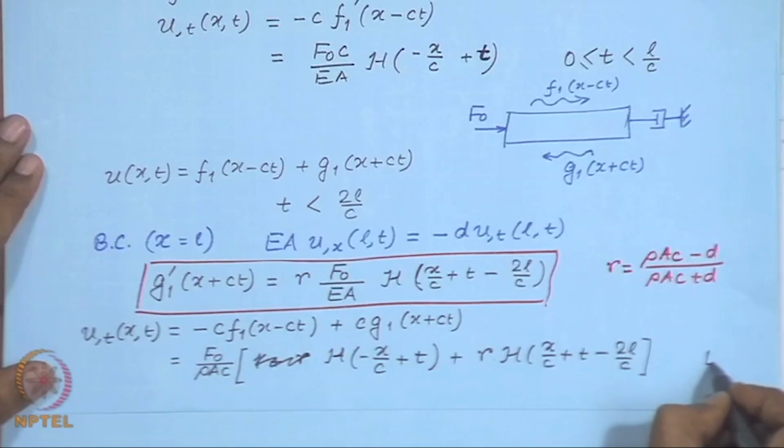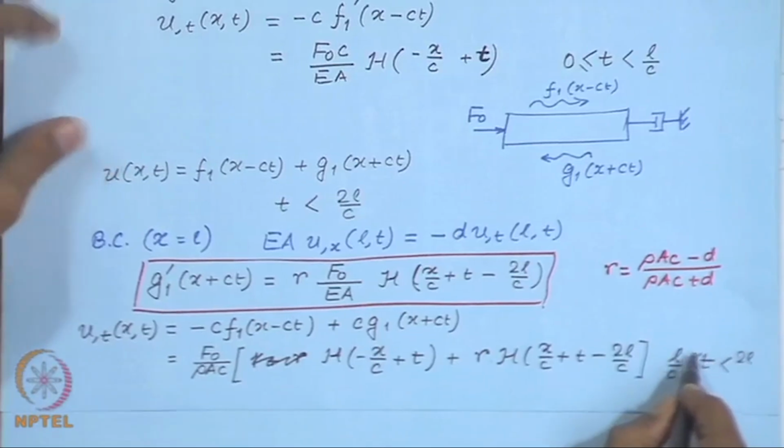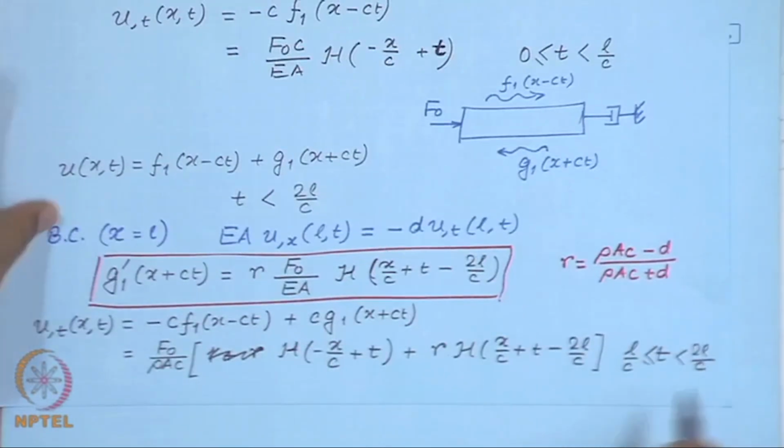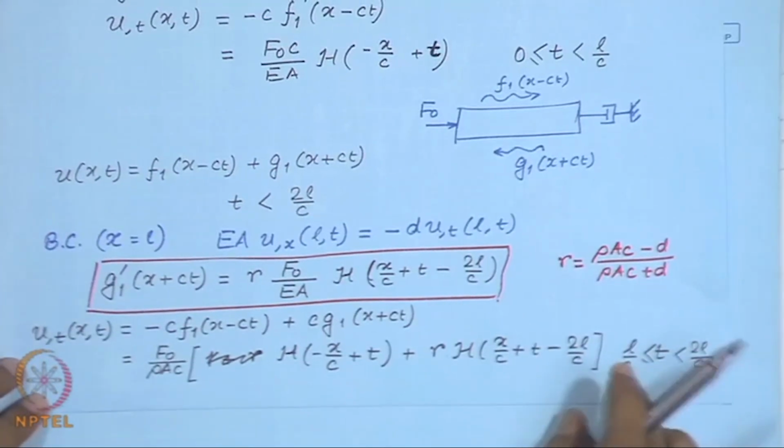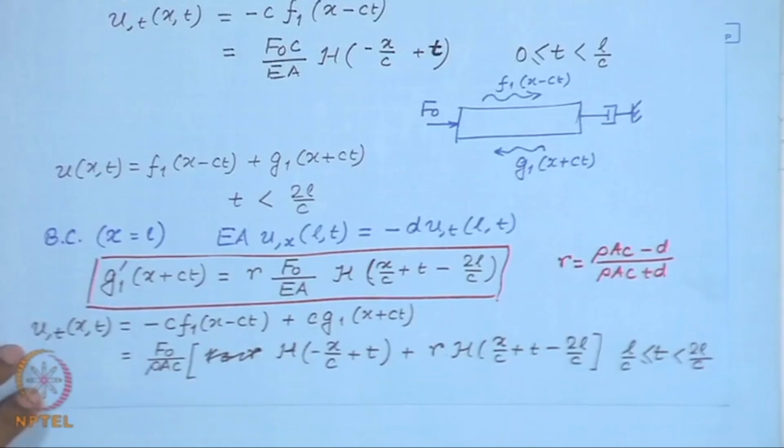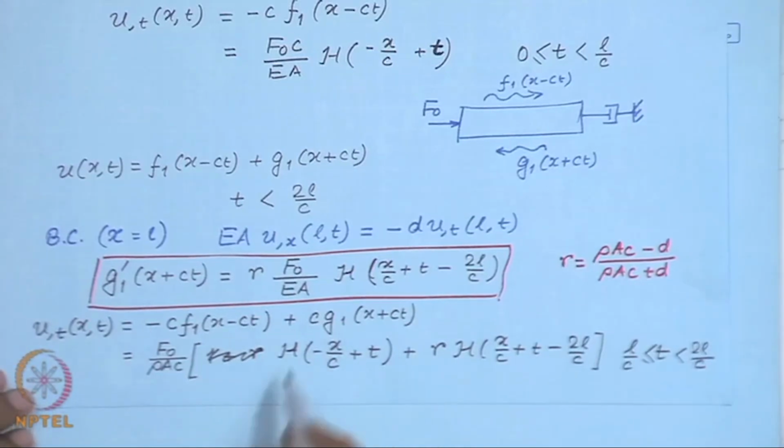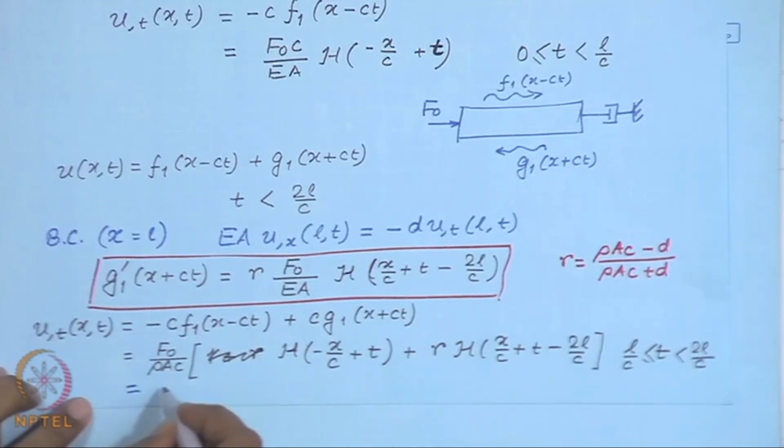Now this time is from L over C to 2L over C. Now, for this time interval you will find that this is always 1.